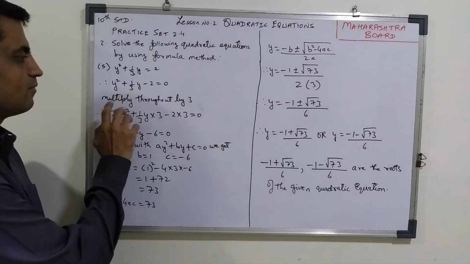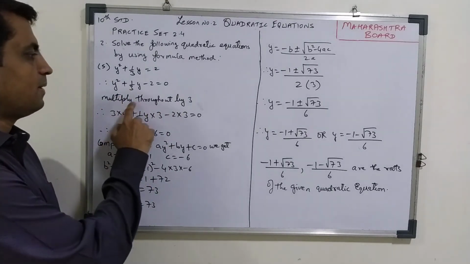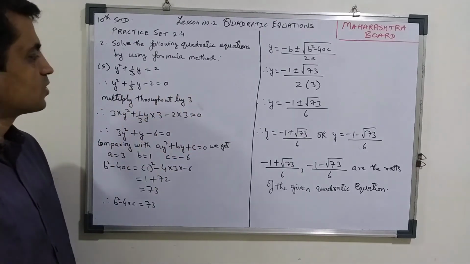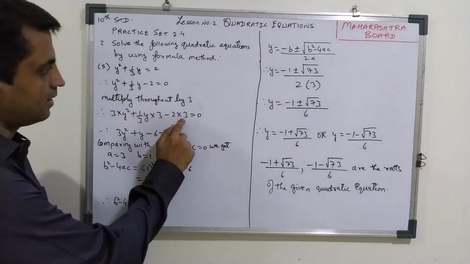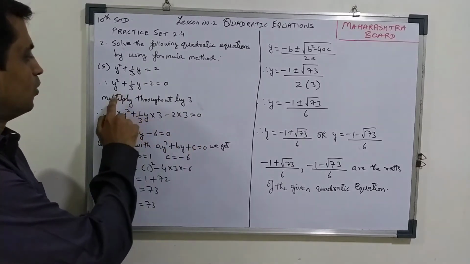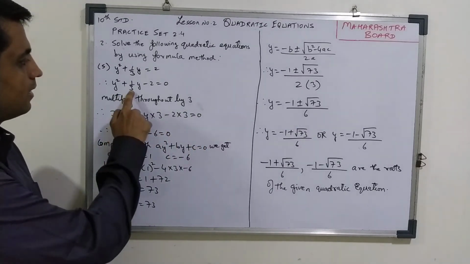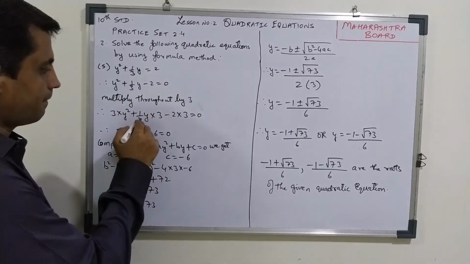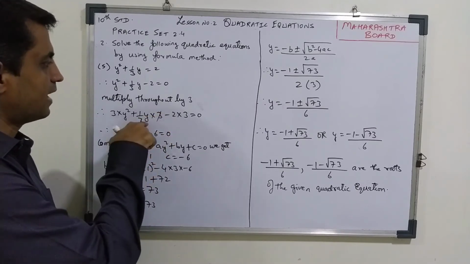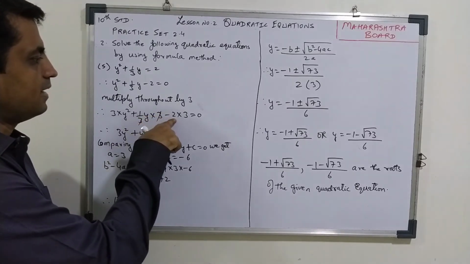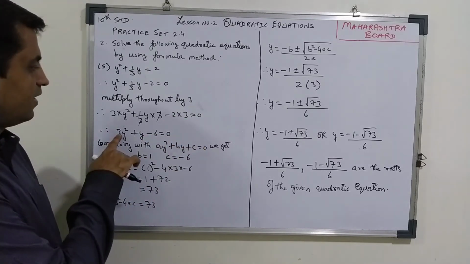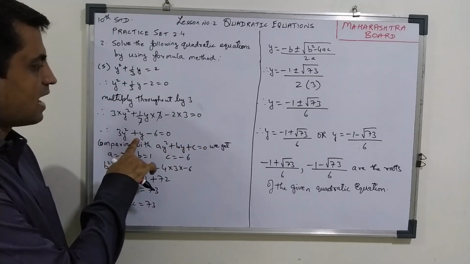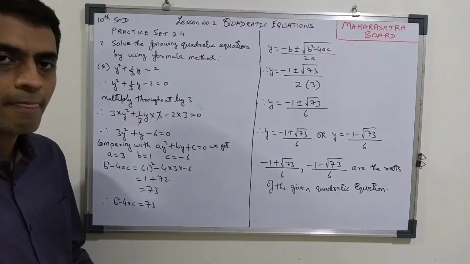So better, what I did here, multiply throughout by 3. When you multiply each and every term by 3, you get 3y square. Here 3 gets cancelled. See here, 3 gets cancelled. So what you get? Plus y minus 2 into 3 is equal to 0. So we got 3y square plus y minus 6 is equal to 0.